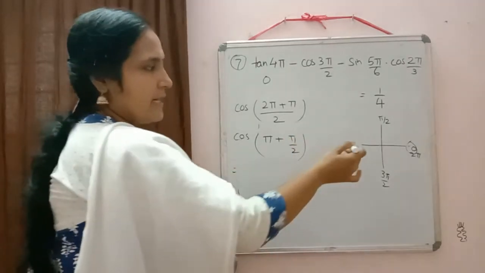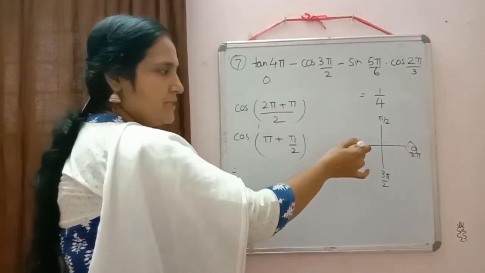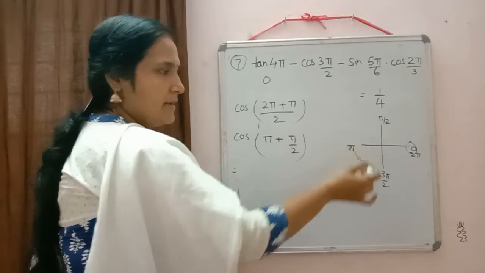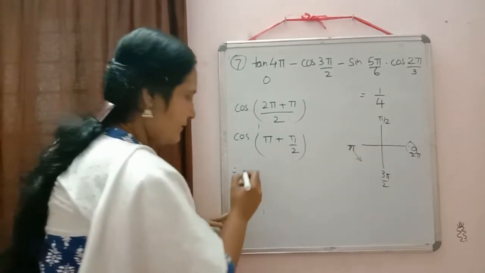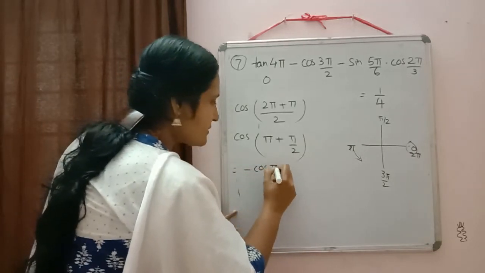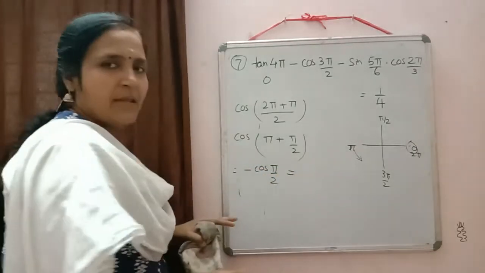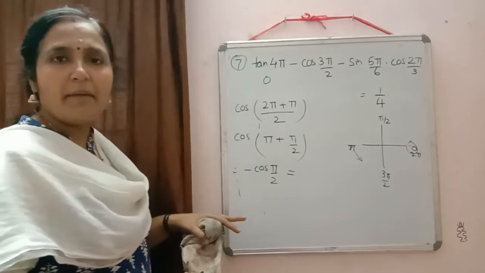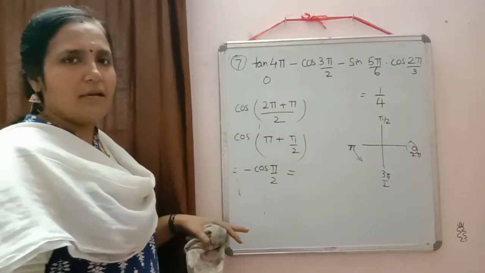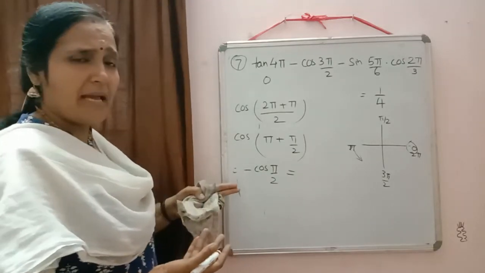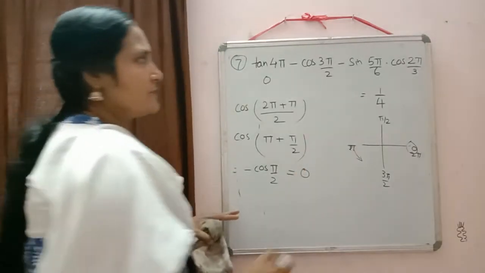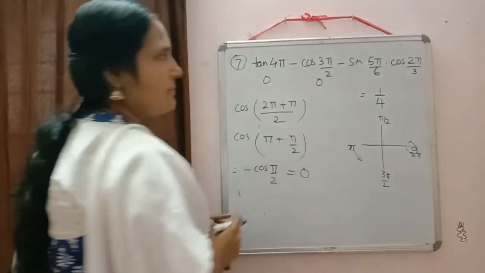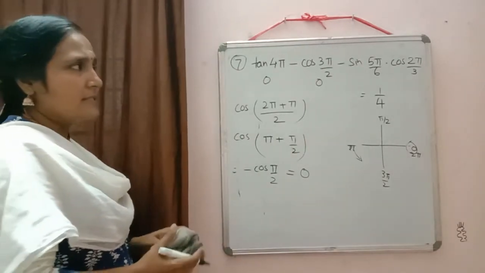Pi means we are here. Plus pi by 2 means where we are going? We are going into the third quadrant, and in the third quadrant cos is negative. So it will be equal to minus cos pi by 2. And what is the value of cos pi by 2? 0. So if the minus sign is there, it is of no use. So you can write down the answer as 0. So we are getting cos 3 pi by 2 also equal to 0.